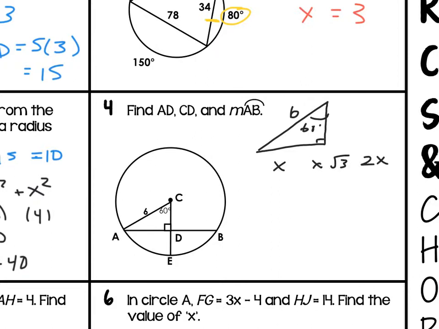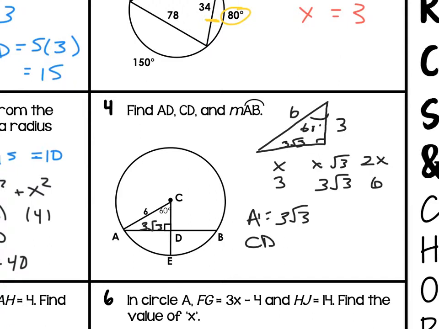They gave me opposite 2x, which means x is 3. And across from 60 is going to be 3 root 3. So AD, did they ask for that? Yep. AD is 3 root 3.